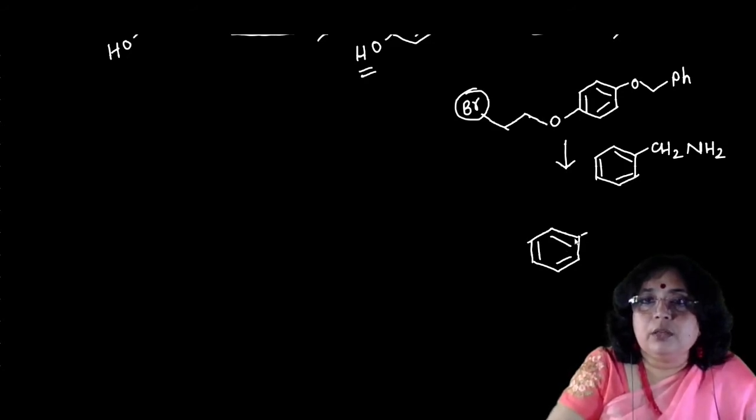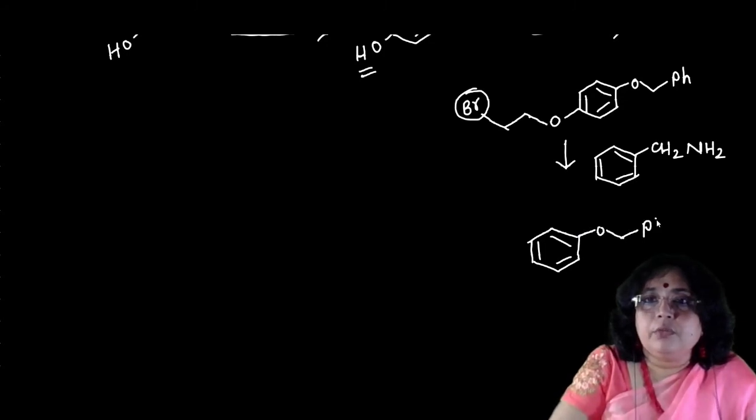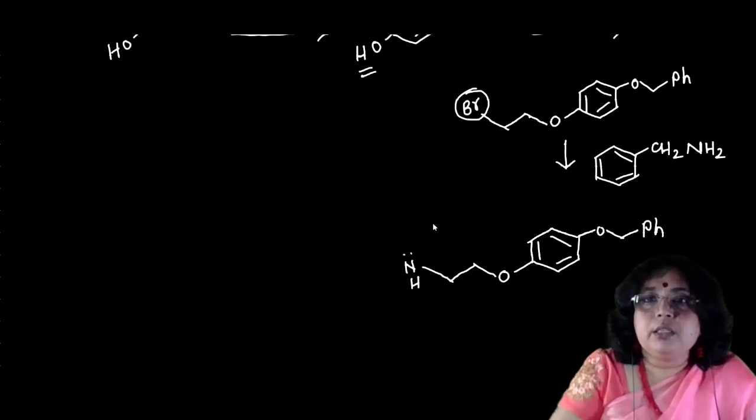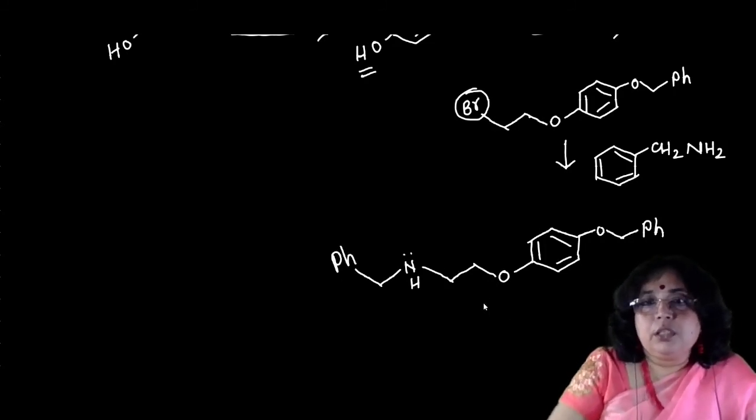This part is already done with the benzylation, and at this center we have to put NH, and this CH2 comes here, and this phenyl part is this one. So this is your target molecule.